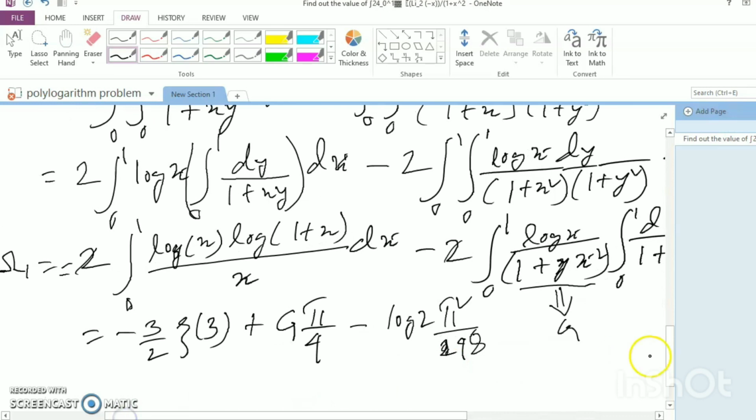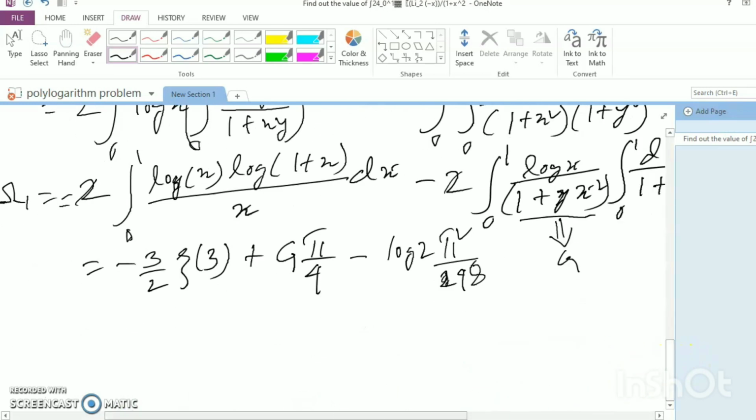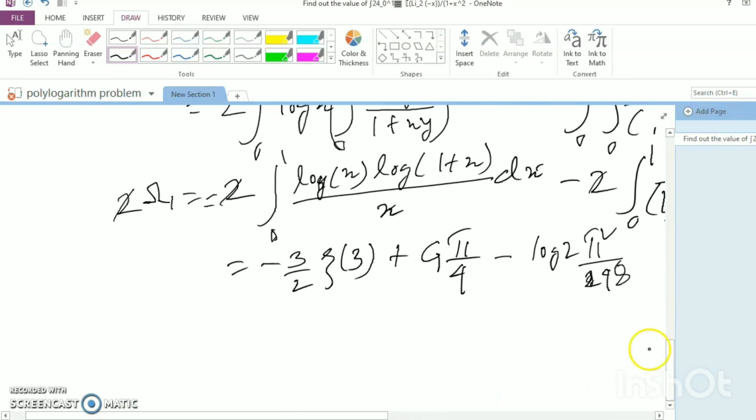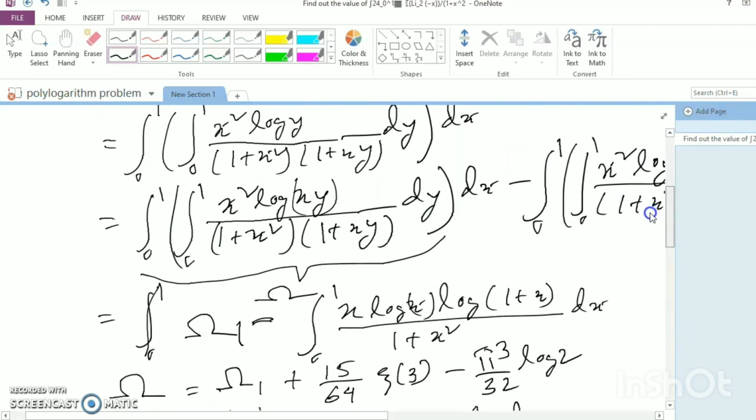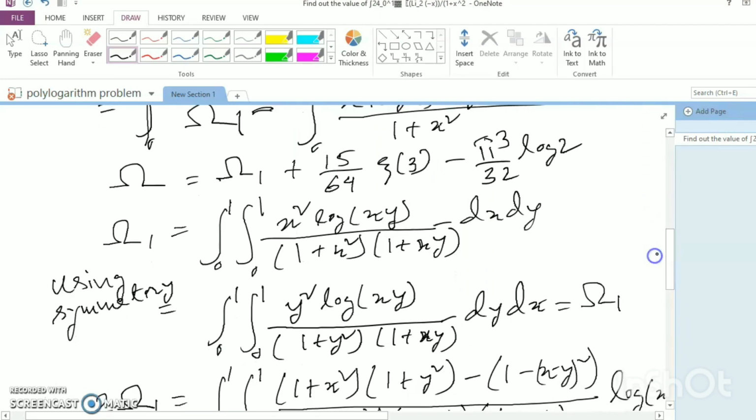So now, hence I get omega 1, and omega is equal to this value, we know. I have to add it.